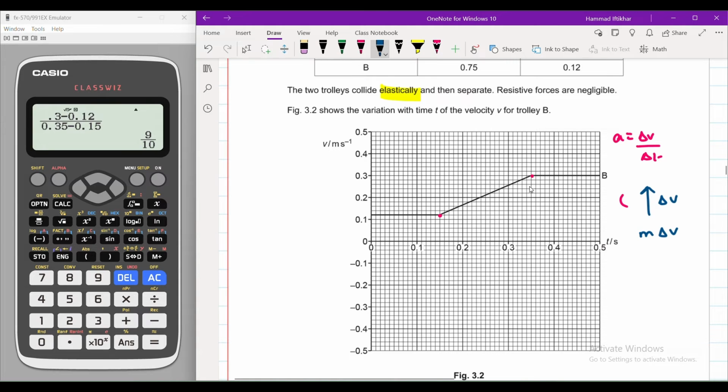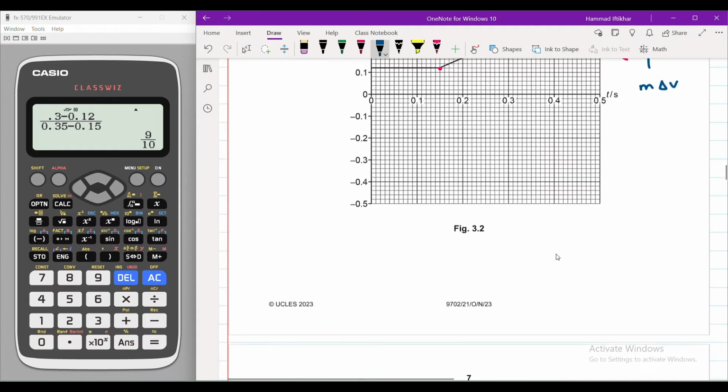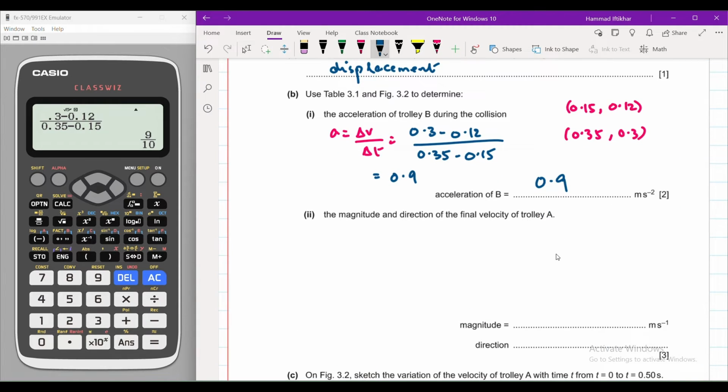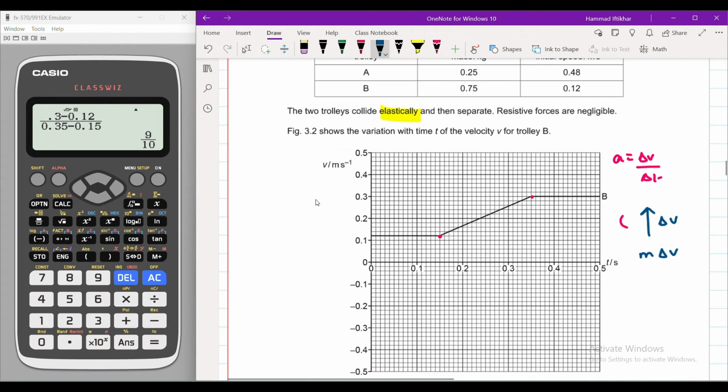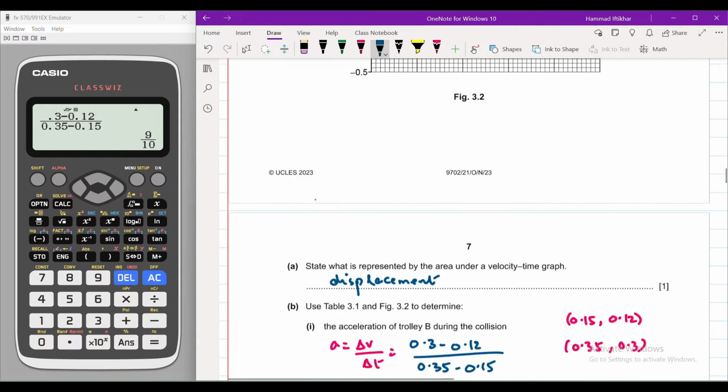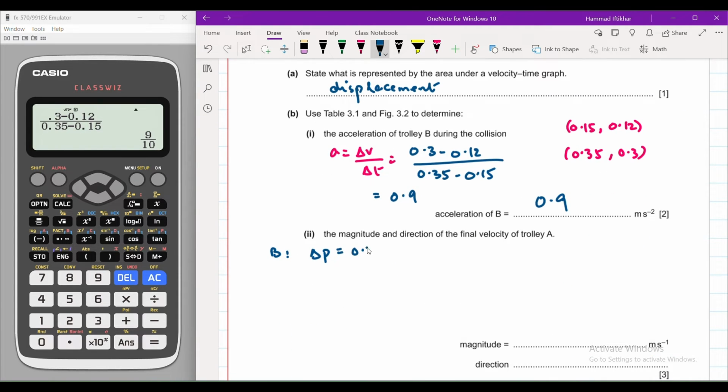So the change in momentum that trolley B faces, it will be equal in magnitude, but in opposite direction to that one. So if we find out the change in momentum for this one, the change in momentum for trolley B, that is the mass 0.75 times 0.3 minus 0.12.